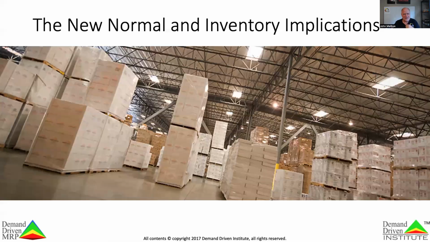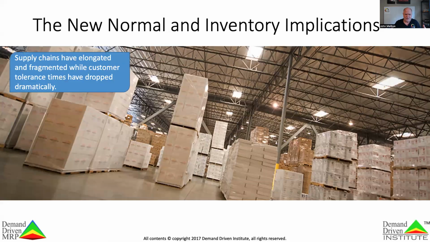And what that means for us is this changed environment requires a different way to think. So we've got longer supply chains while the customer is willing to wait less. And there's a huge gap between how long it would take us if we waited for the customer order, how long it would take us to actually deliver to the customer.